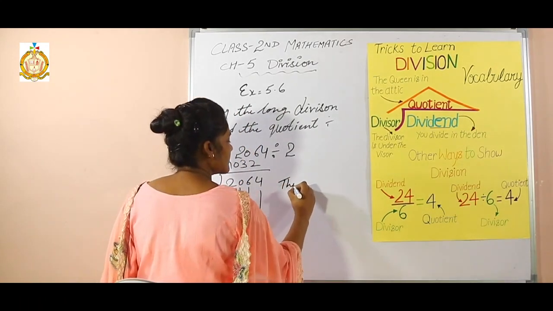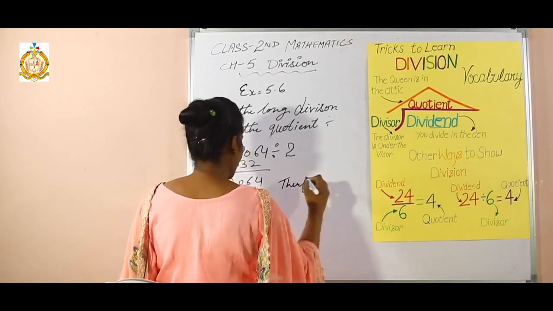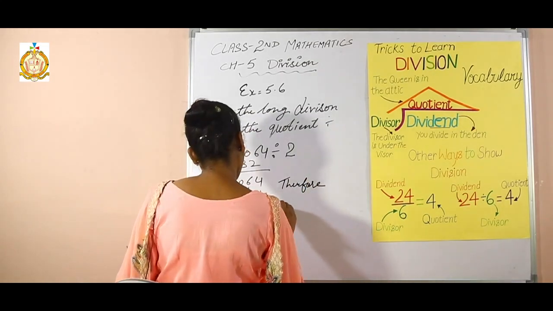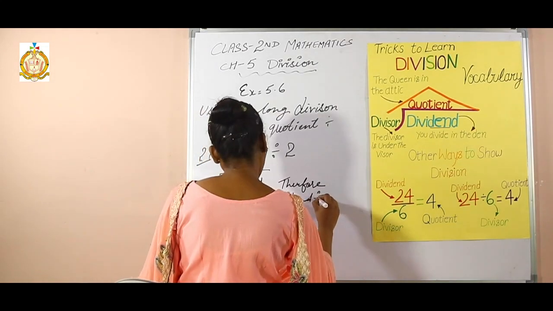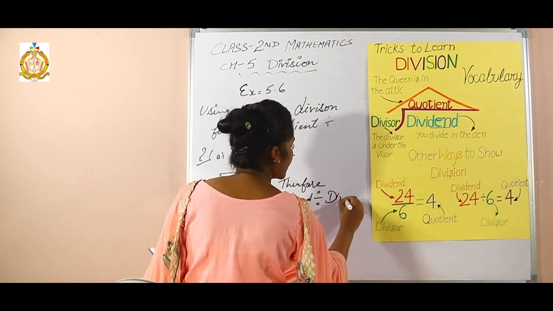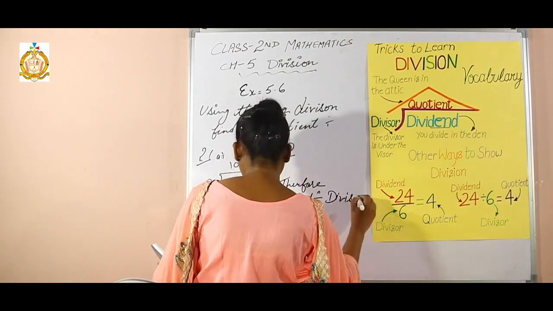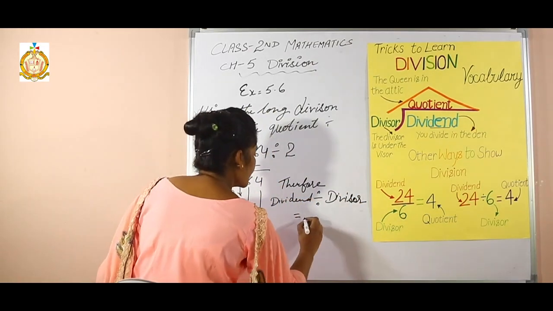According to this, you can find the quotient the same way. You should write here: therefore, dividend divided by divisor equal to quotient.